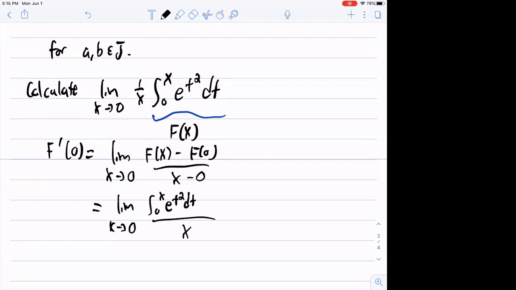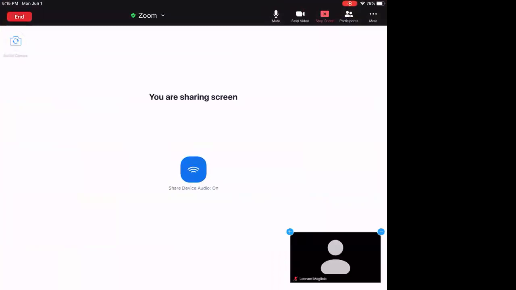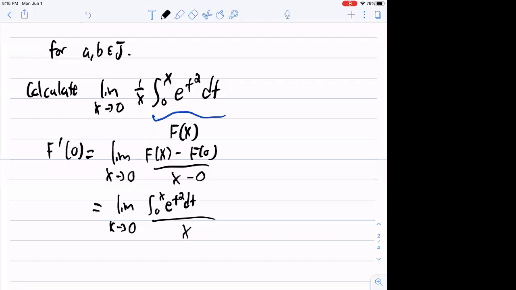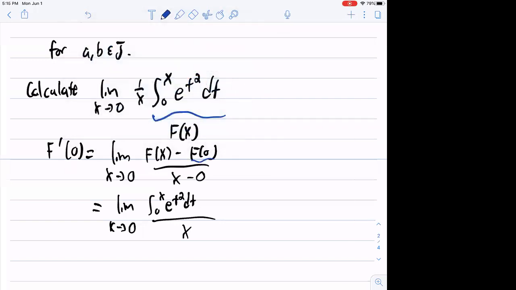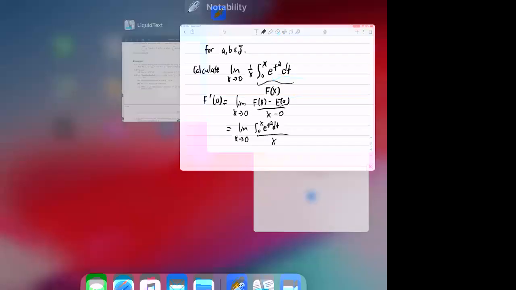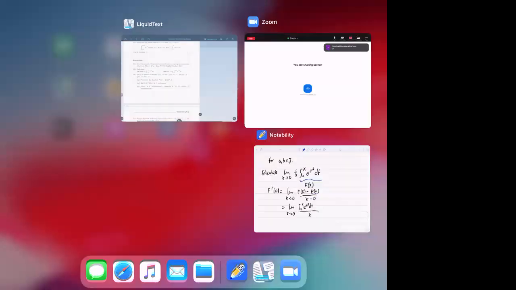Can anyone tell me? I need to subtract capital F of 0, so I'm asking, what is this thing? Yeah, it's 0.